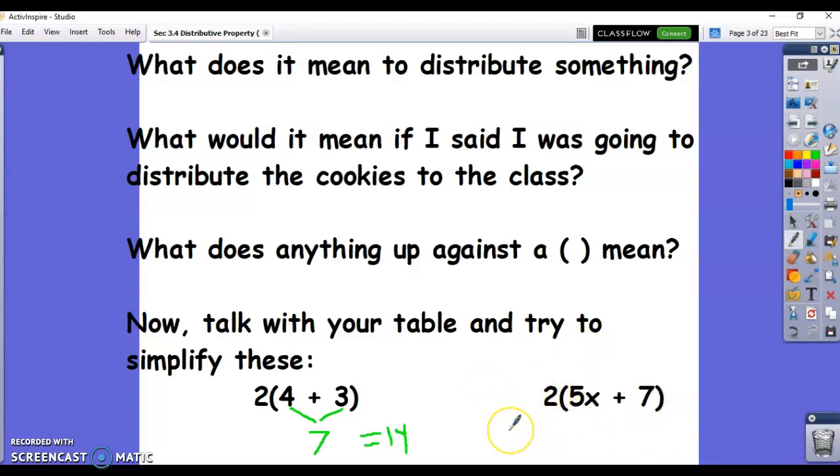When you came to this problem, you may have gotten stuck because it's not easy. You don't know what the value of x is, so you can't add 5x and 7 because you don't know the value. So that's how we're going to discuss how to use the distributive property to figure out the solution to problems like 2 times the quantity of 5x plus 7.